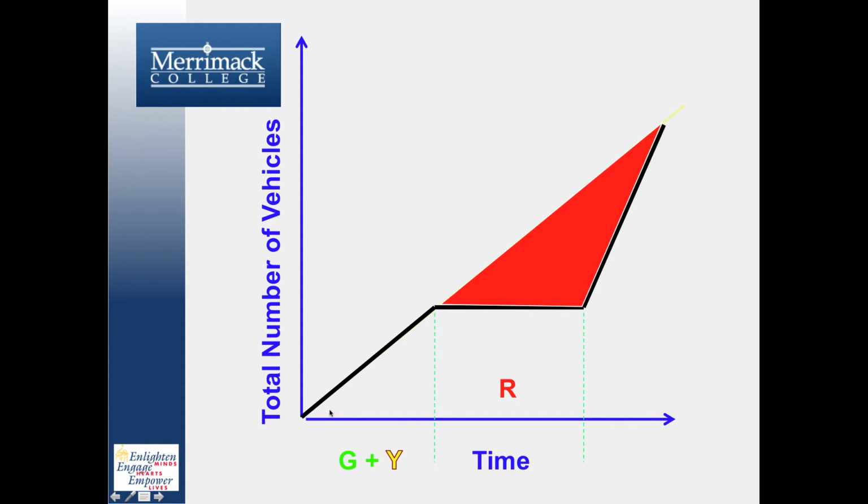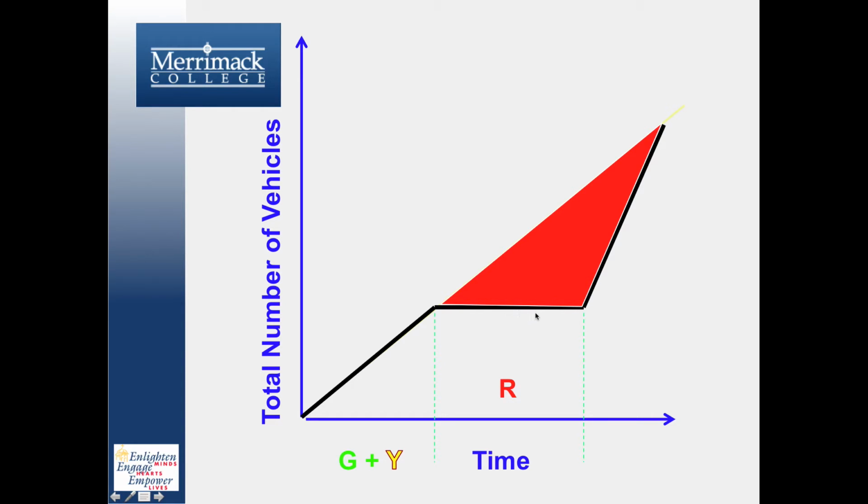And we also have a departure curve, so the departure is equal to the arrival up to the point at which a signal turns red, right? And then theoretically there's an instantaneous change, and the departure curve then looks like this.